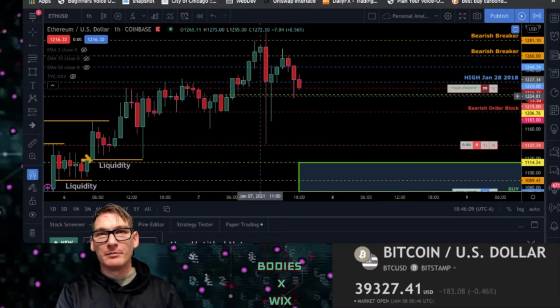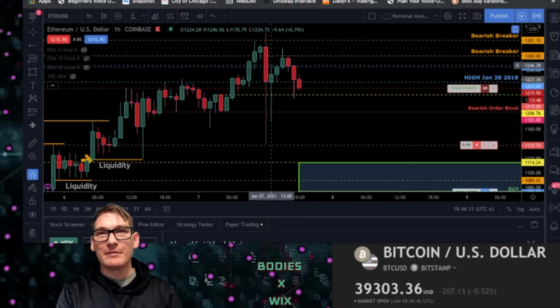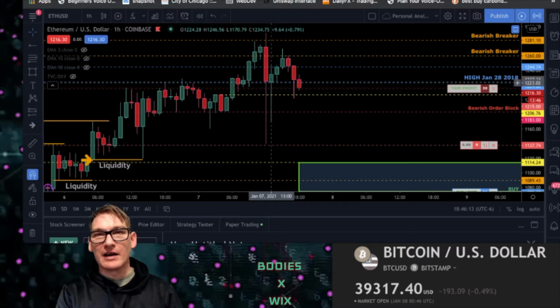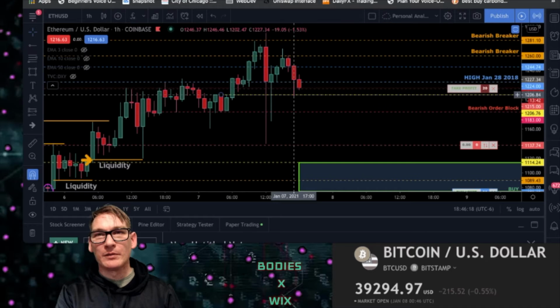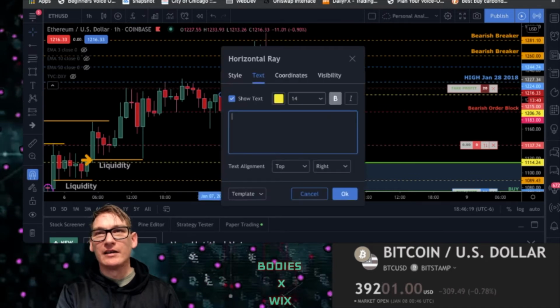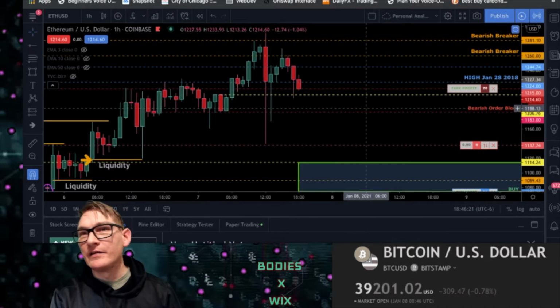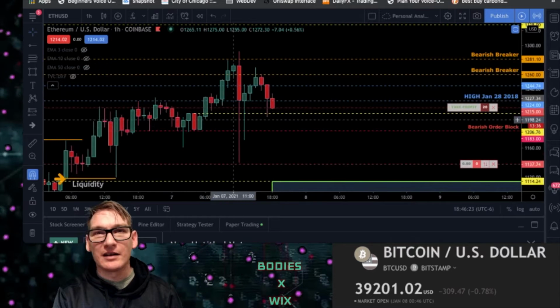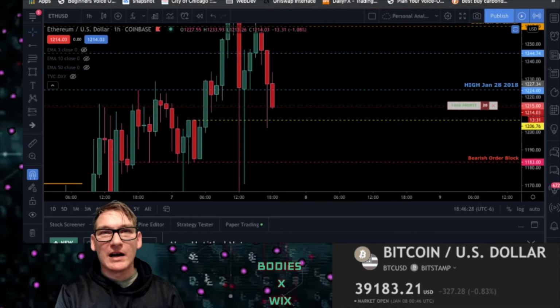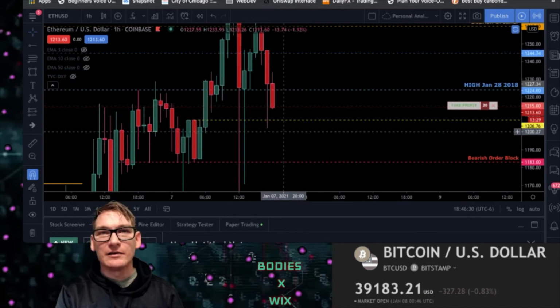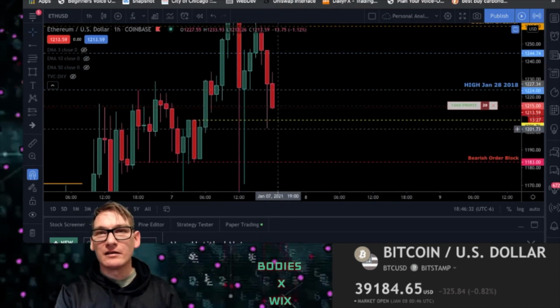Right, boom, hit the bullish order block, came back up, came back down, hit the bullish order block, came back up. It also came back down and hit the bullish order block again. So this line right here at 1215, it has hit 3 times at least. And that would be where I would think it would come down into and then take off from there.